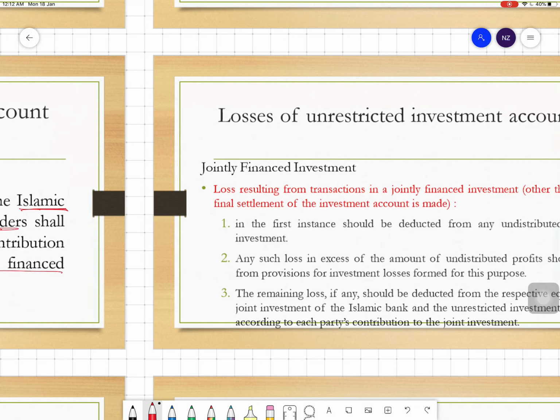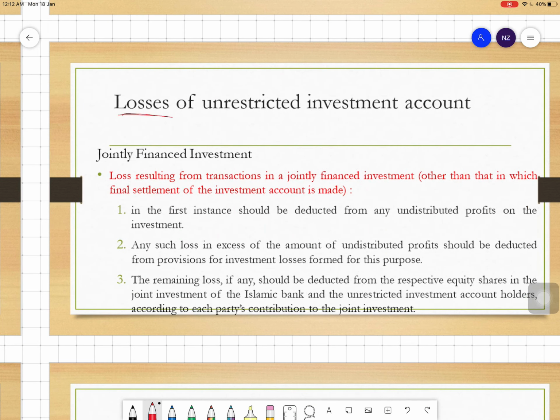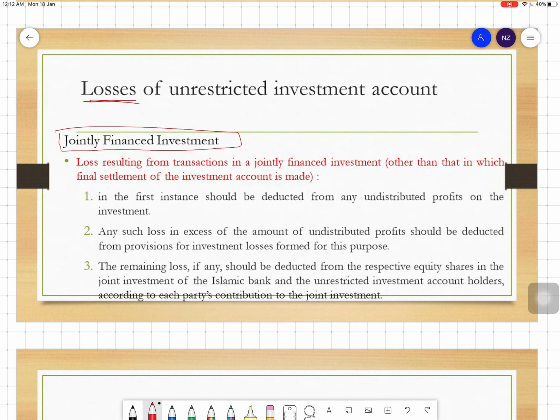That one was in terms of profit, this one is in terms of losses. Because it is a mudharabah contract, of course it relates to a jointly financed investment, where the losses result from a transaction in a jointly financed investment. So in the first instance, they should be deducted from any undistributed profit on the investment.